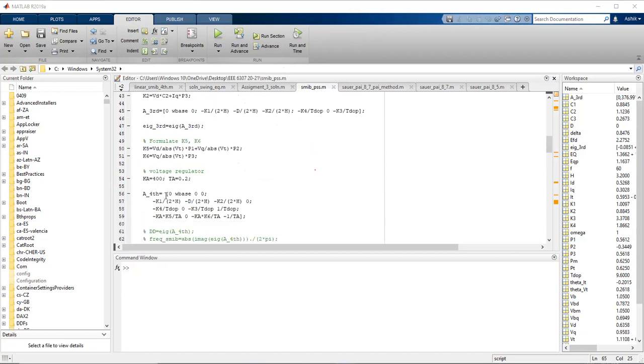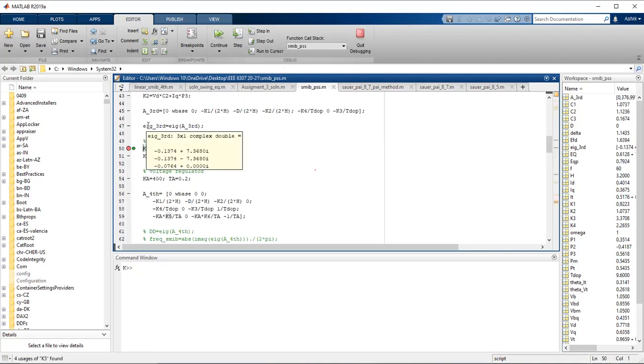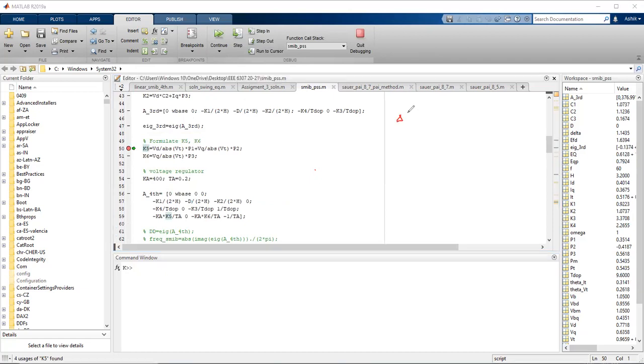Let's go back again and check here. Again, let's check the third order eigenvalue. So you have three eigenvalues, right? What are the states associated with the third order system? We have del delta, we have del omega, and we have del Eq dash, right? And what are the eigenvalues?